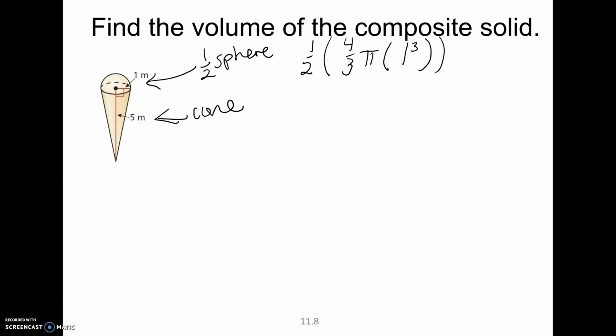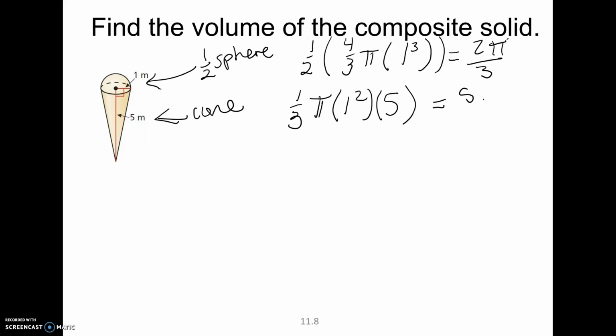And then I'm going to find the volume of a cone, which remember from yesterday looked like 1/3 times pi times our radius squared times the height. So my half of my sphere is going to end up simplifying to 2 pi over 3. My cone is going to simplify to 5 pi over 3. And then I'm going to add them together to get 7 pi over 3, which is about 7.33 meters cubed.